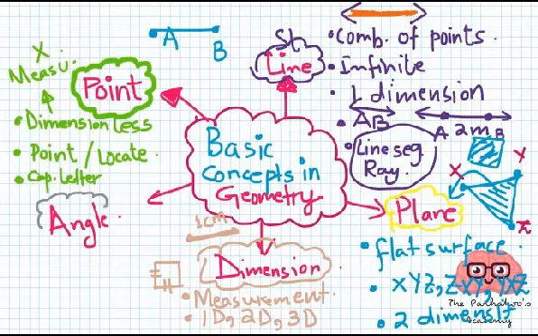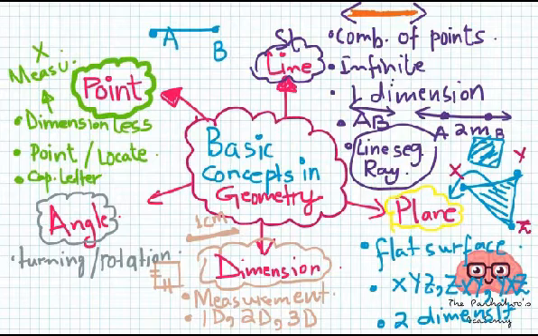Another very important concept is that of an angle. An angle is nothing but a turning or rotation of a line or a line segment. It could be of a straight line, or of line segments, or it could be of rays. So there are two lines which are involved.